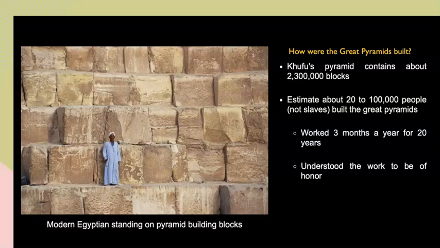There were about 2,300,000 blocks used to make Khufu's pyramid in Giza. Here we can see a gentleman standing next to one of the blocks to get an idea of how big these stones were. It's estimated that about 20 to 100,000 people built the Great Pyramids. They worked 3 months a year for 20 years, and it was understood that the work was honorable.